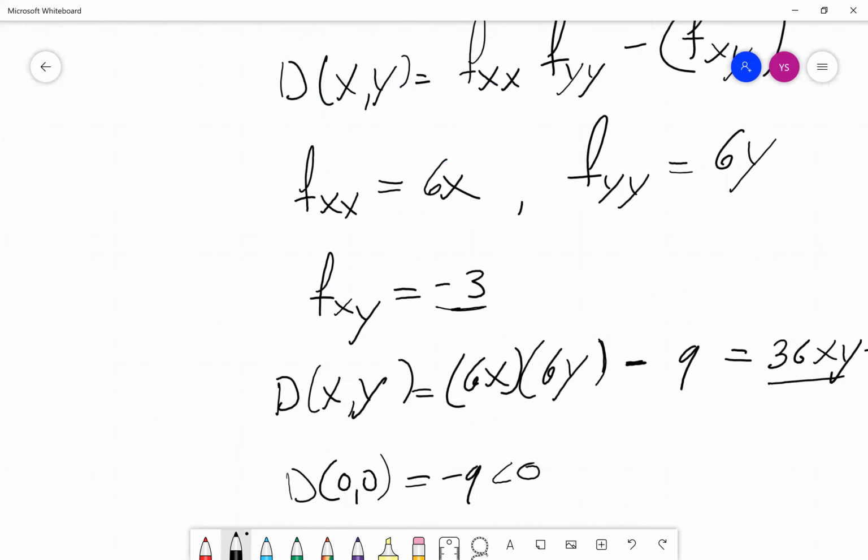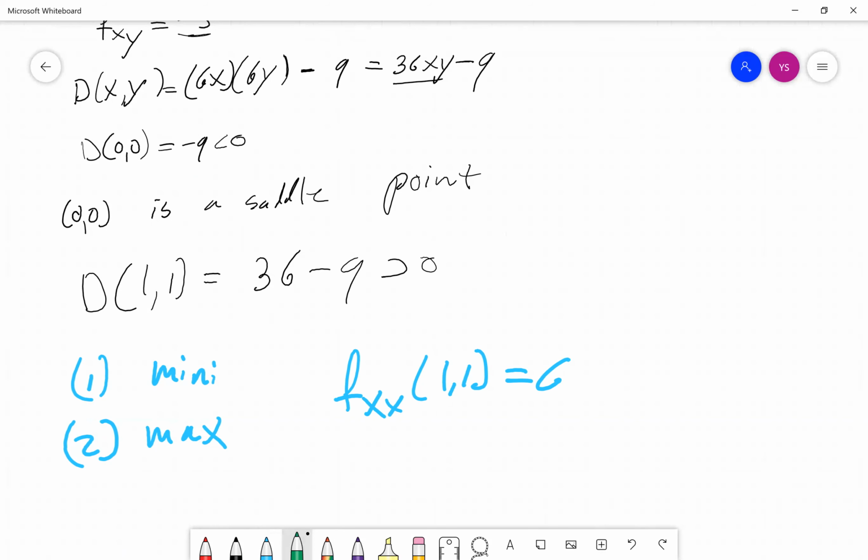Plug in 1, we get a 6. So the partial fxx at 1, 1 is equal to 6. So it's positive, which means it's concave up, which means we have a minimum.